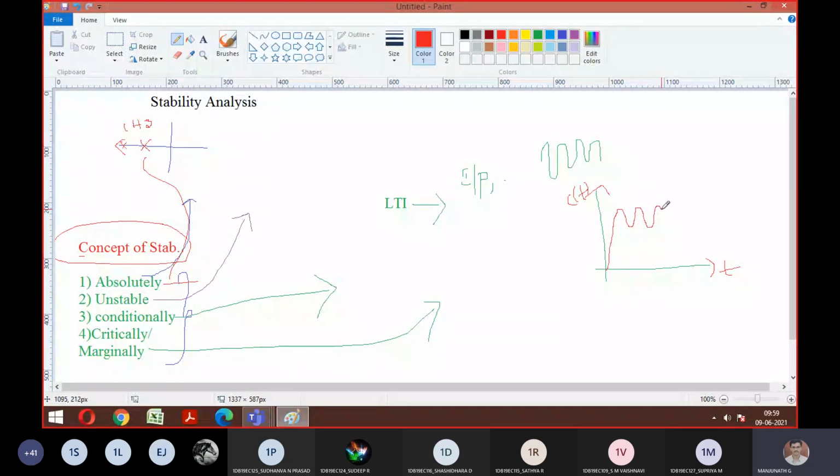Can you make out the difference between the previous graph and this graph? At the steady state, output has a constant frequency and constant amplitude. Such kinds of things we are going to call marginally or critically stable. Am I clear to everyone?